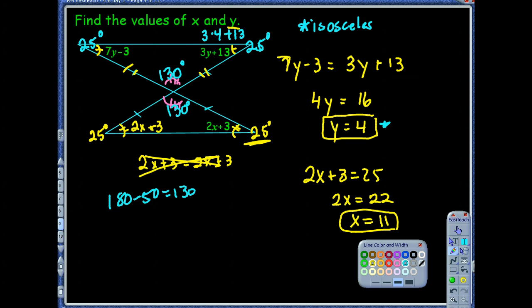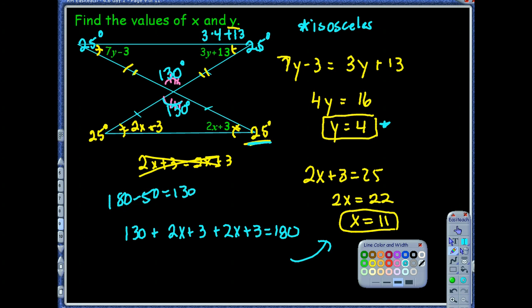Again, let's say you don't see that these are going to be 25. Well, you found this vertical angle is 130, so you know that's going to be 130 as well. So you could use the triangle sum theorem: 130 plus 2x plus 3 plus another 2x plus 3 is equal to 180. And guess what? You'll end up with the same thing. So there's a variety of ways to approach it.